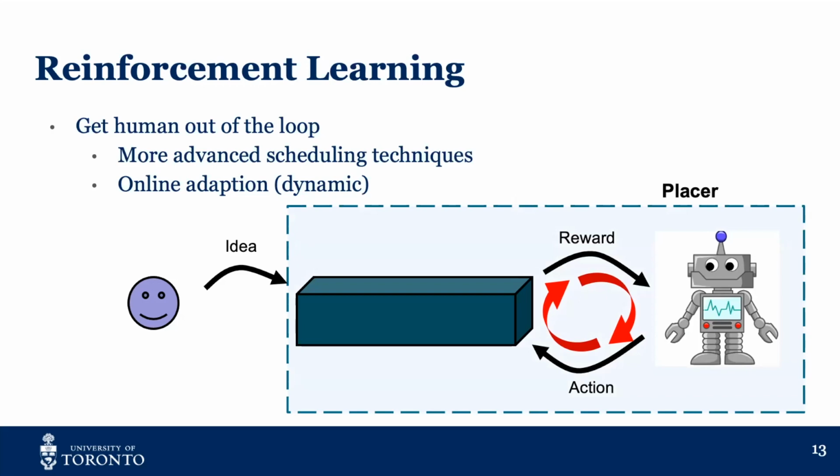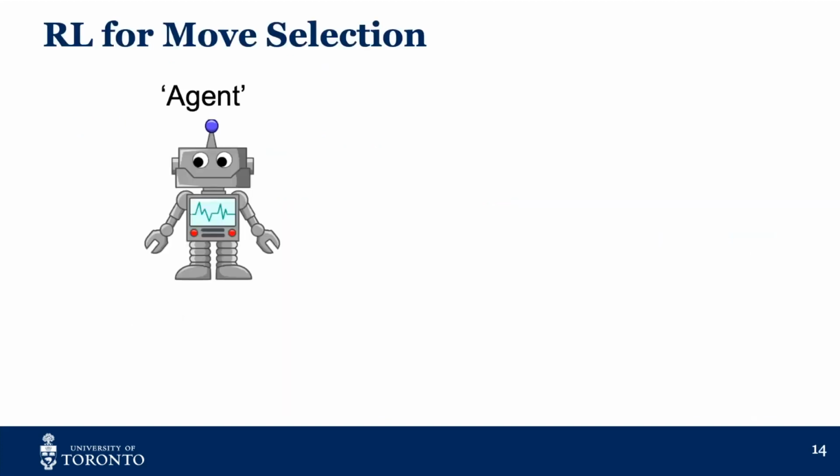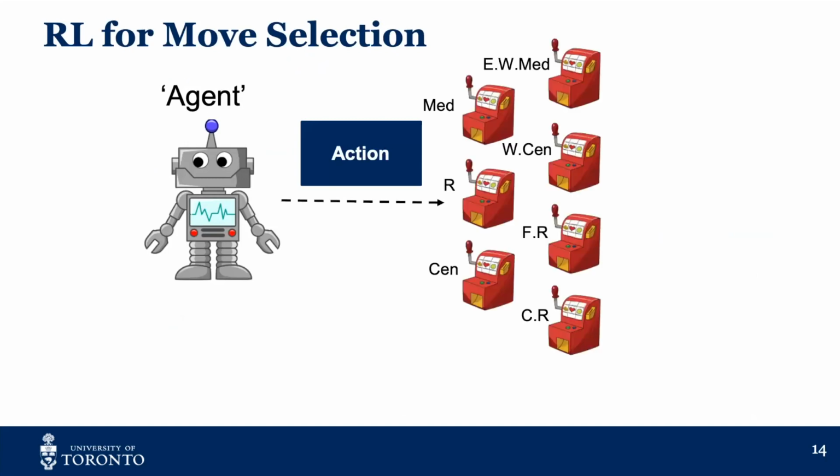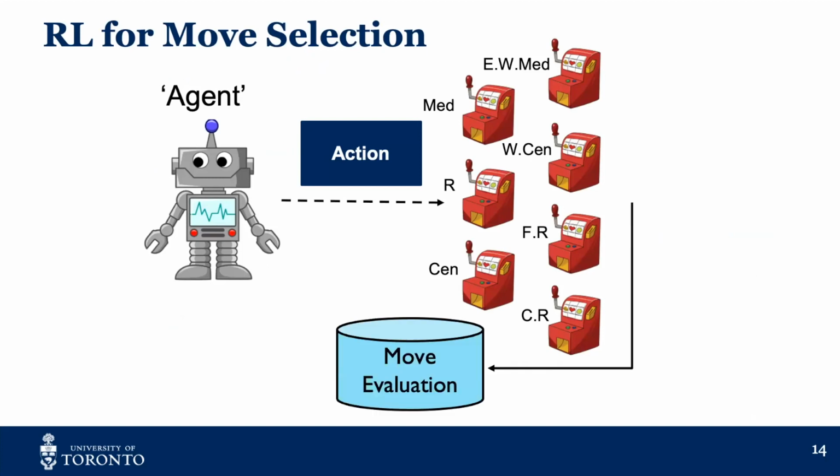We formulated the problem of move selection as a reinforcement learning problem by having a reinforcement learning agent that can take an action, which is one of the different move types that we proposed in the directed moves. Then the simulated annealing will evaluate the move, apply it, and decide whether to accept or reject it. And then it sends the agent feedback, which is two pieces of information: whether this move was accepted or rejected, and what was the change in the placement cost.